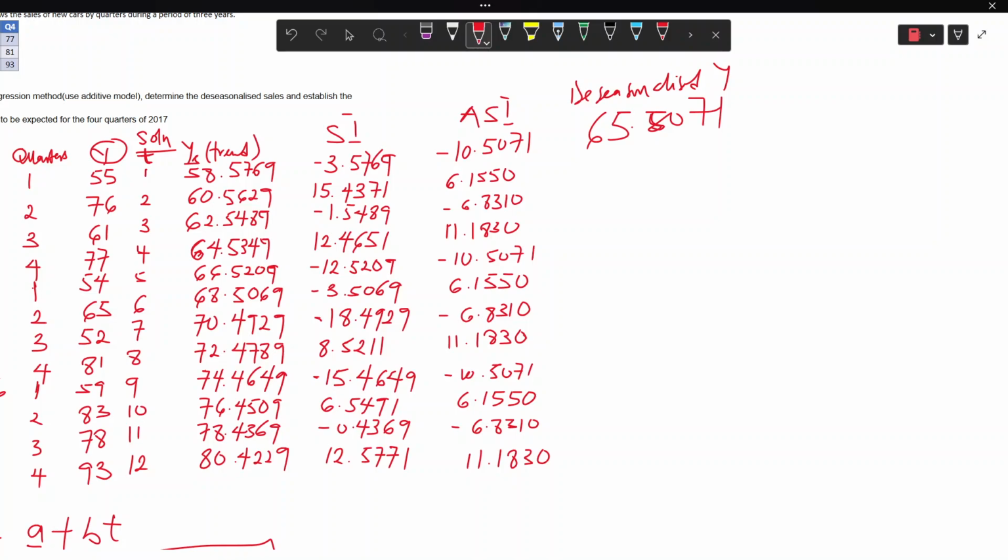The next one is 76 minus 6.1550, 69.845. 61 plus 6.8310, 67.831.